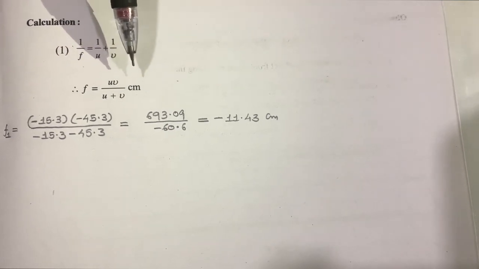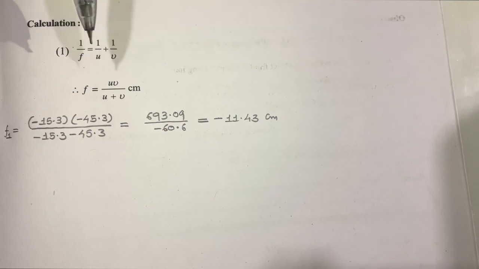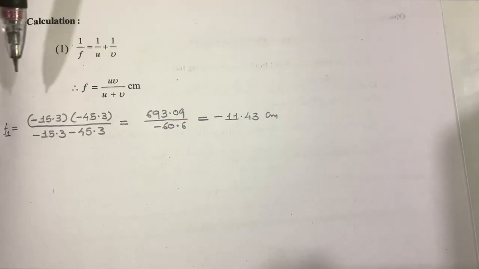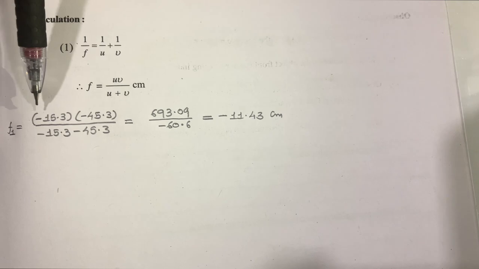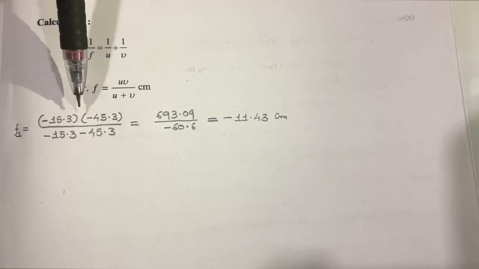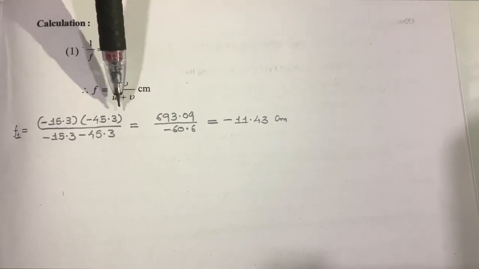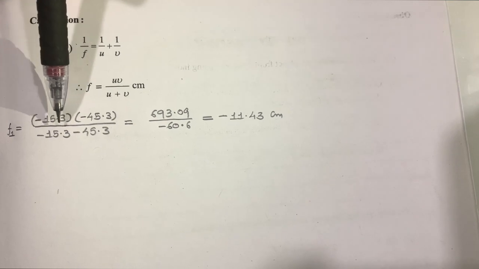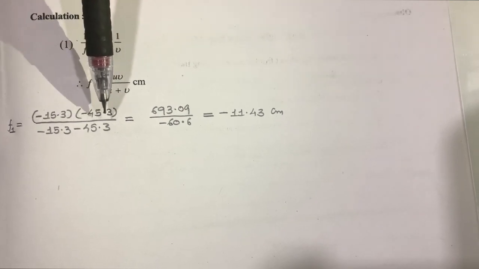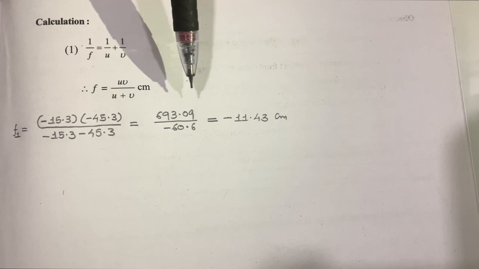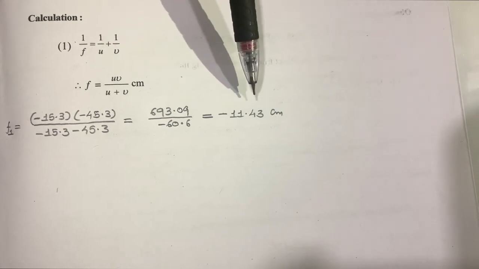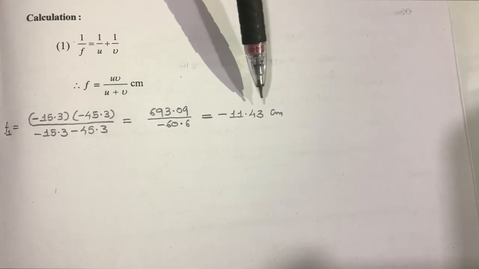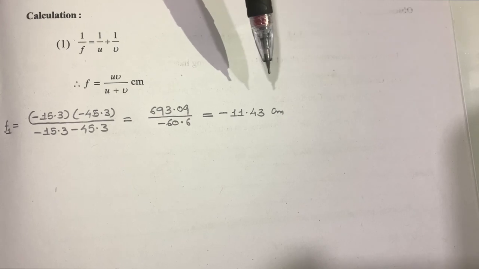Using this formula, calculate the focal length of the mirror. So f1, that is minus 15.3 into minus 45.3 upon minus 15.3 minus 45.3. And now solve this one. You will get answer minus 11.43 centimeter.